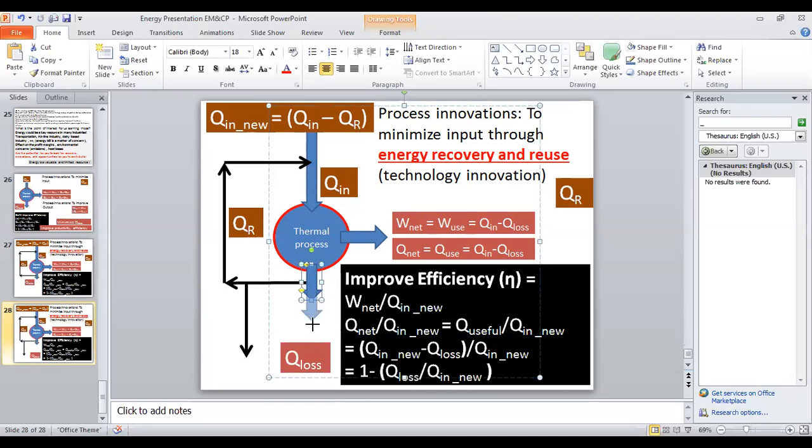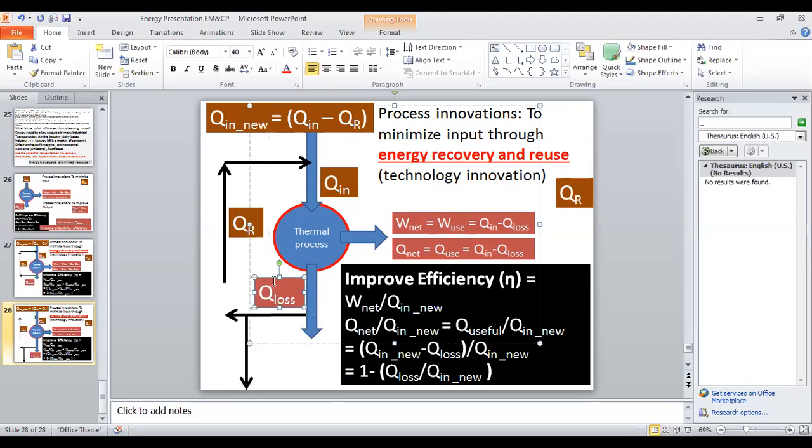So what happens now is, I hope you can understand this. This is your Q loss. Anyway, we are meeting after second in the classrooms, so we can discuss this in style. Out of Q loss, you are using a portion, and maybe this is QR, this is another QR.